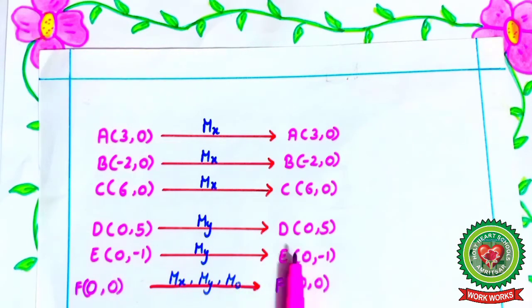And if the point is the origin (0, 0), then after reflection in the x-axis, the y-axis and the origin also, the point remains the same.